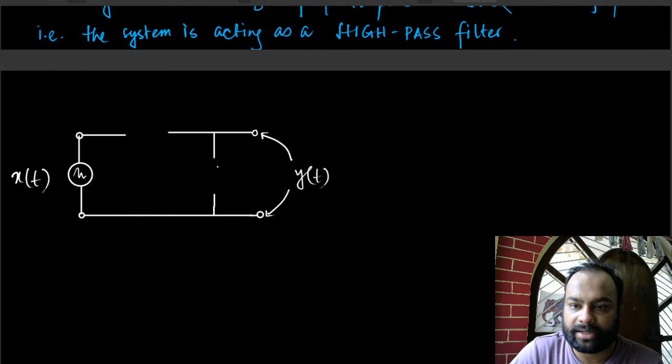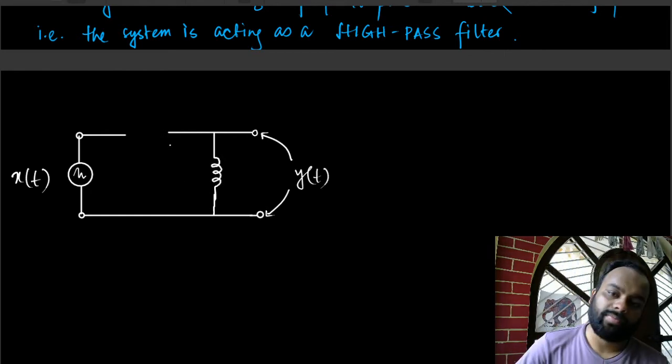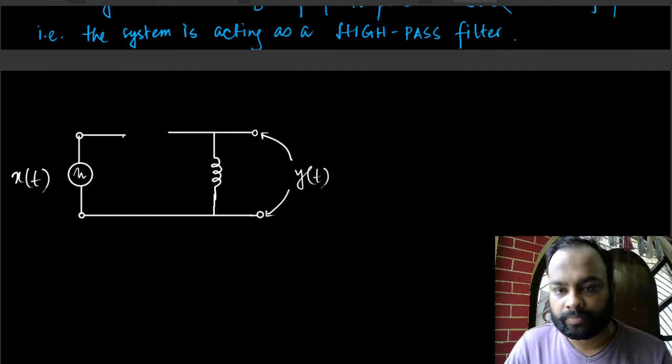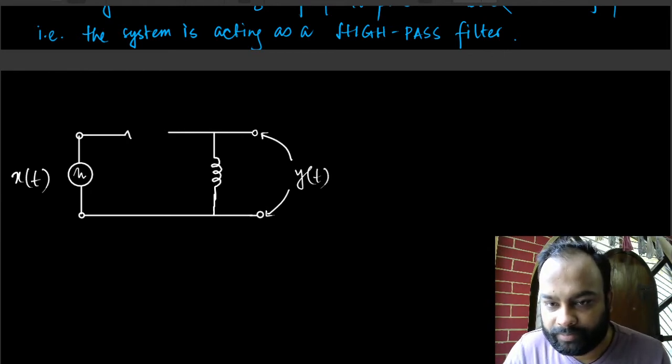Someone said inductor in the middle. What do you mean by middle? Here? Or here? Probably here, right? By middle you meant this, right? The person who said inductor in the middle, please let me know if this is what you meant.